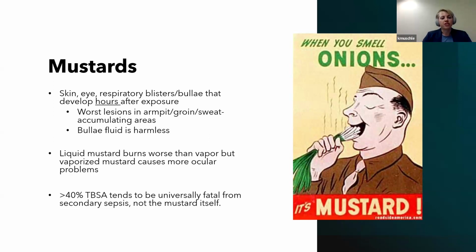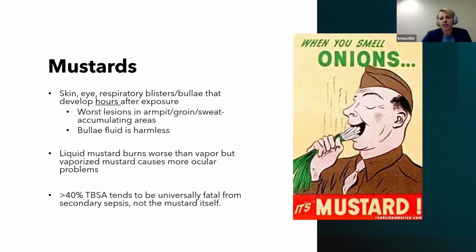Those sweaty areas are actually the highest risk areas for mustard injury, because that heat and that wetness causes increased absorption of the mustard, which then increases that risk of skin injury. Decontamination is thus very important to make sure people are focusing on those sweaty regions. So armpits, axilla, groin, back of the neck, to reduce the skin injury in those areas.